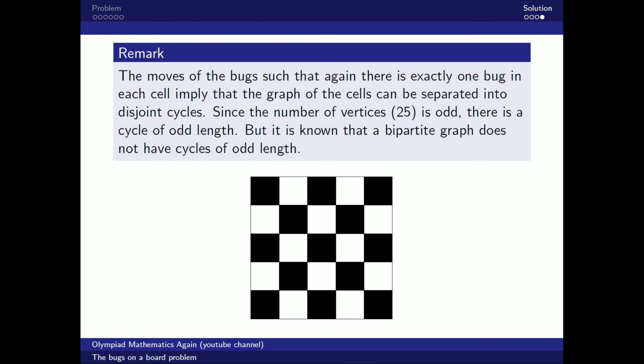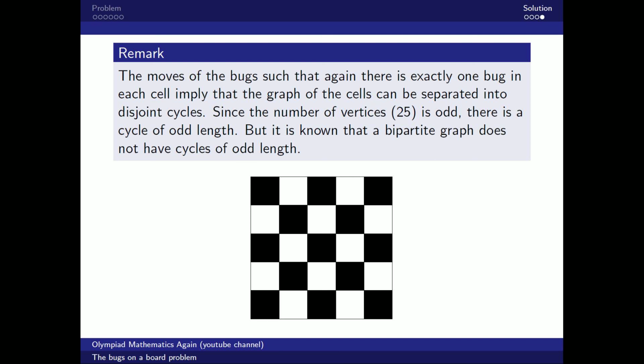One bug moves to another cell, the bug in this cell moves somewhere else, and so on, and sooner or later, if we go one bug by one bug, this should be a closed cycle. There is no other possibility, and if there are remaining cells, then we repeat the same procedure again. So if this move were indeed possible, then all the bugs would be separated into disjoint cycles.